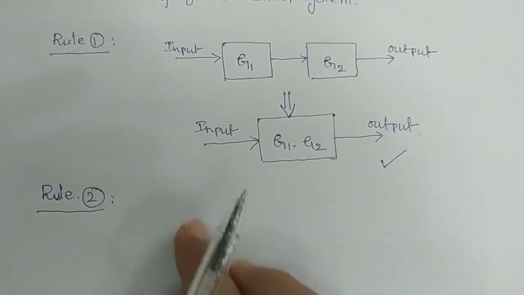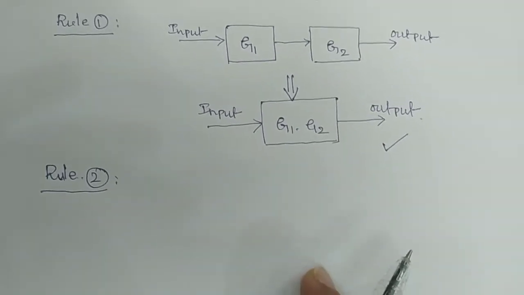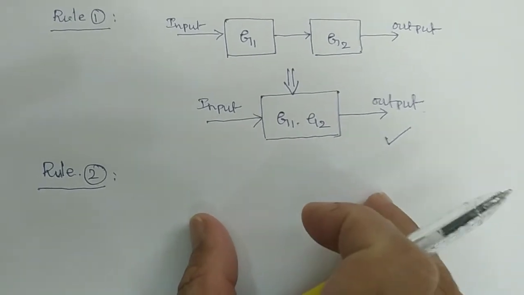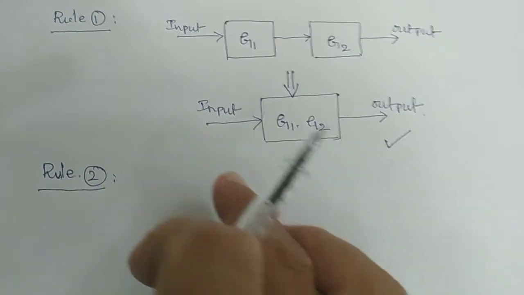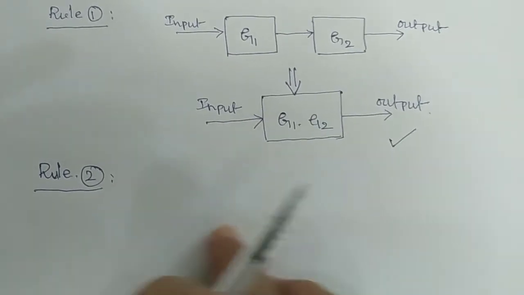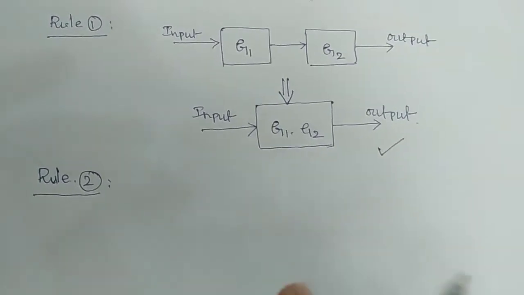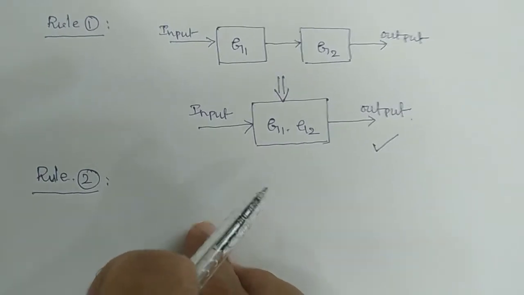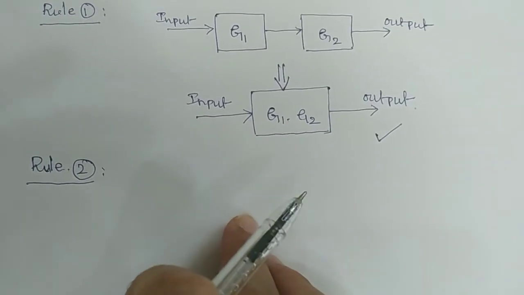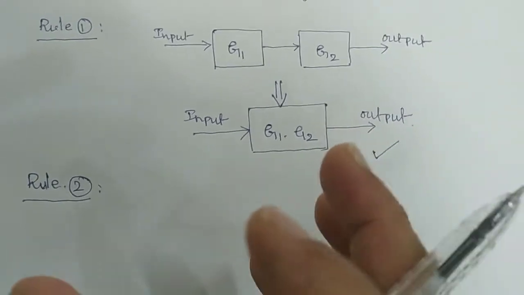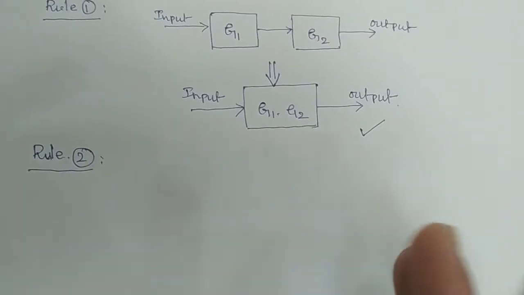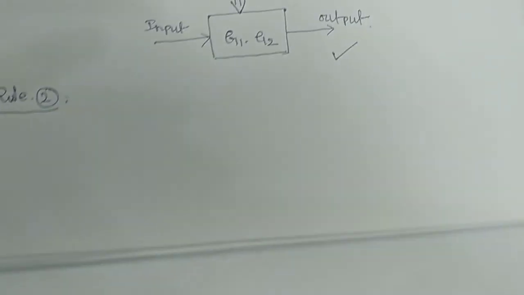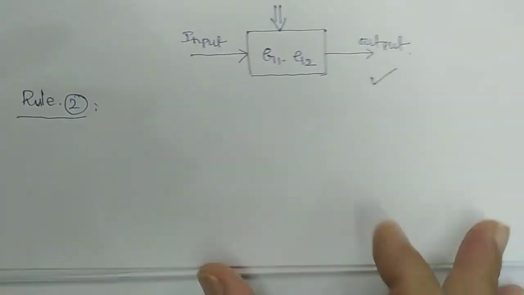In the given block diagram, or the given problem, sometimes you may have a closed loop control system with either positive feedback or sometimes negative feedback. Then you have to eliminate that, you have to reduce that. That also comes under another rule.